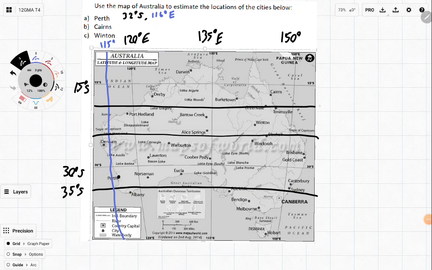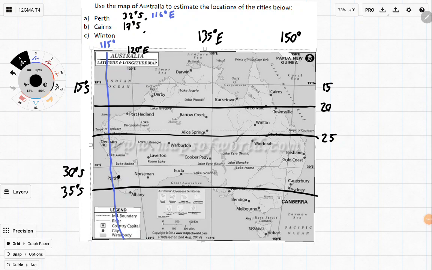So that would be 20, 25. I'm going to say it's between the 15 and the 20, and I'd say it's closer to the 15, so let's call that 17 degrees south.